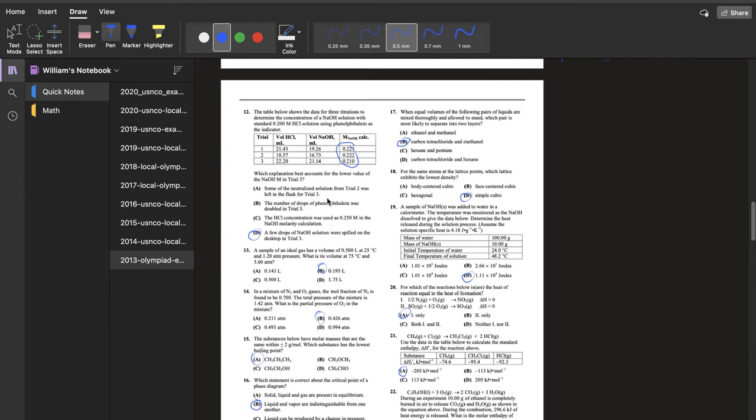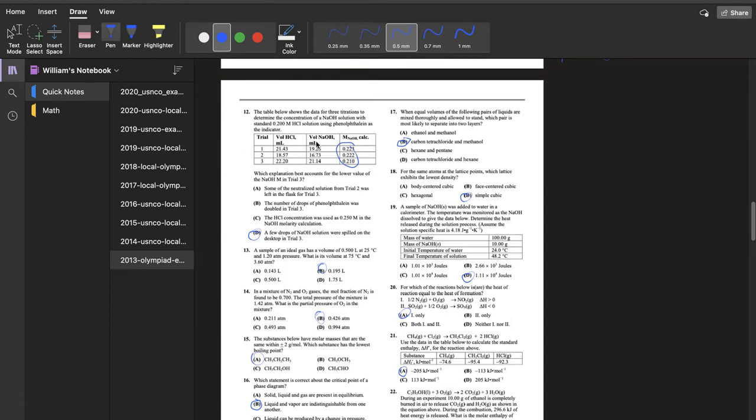So that would mean we just have more volume in the flask, but we don't have more moles of the analyte. So if we have the same moles of the analyte, it's going to take the same moles and therefore the same volume of the titrant to titrate it. So we're not going to be using any more titrant. And, where is it?